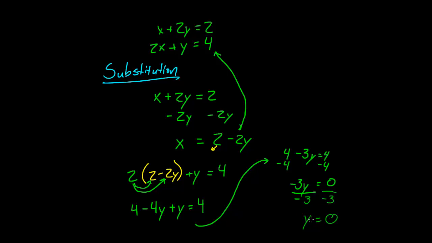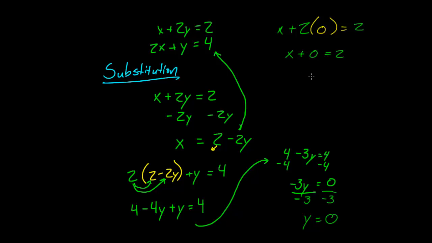Now that we have that knowledge, let's substitute it back into our first equation. Let's see. X plus 2. Hey, now we've got a y times 0 is equal to 2. Okay, so now we have x. 2 times 0 is 0, plus 0 equals 2.